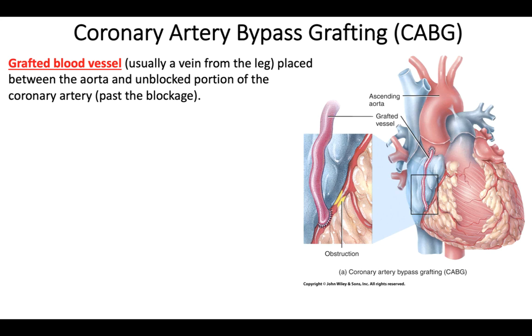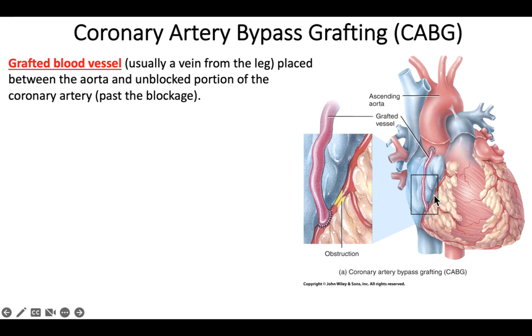These veins are all helping to bring blood back to the heart, but you can actually remove sections of these veins. So this would have been a vein taken from the leg, grafted onto the aorta, and then grafted on the other side of the plaque. Here they show the plaque, so blood would be flowing this way. And what this grafted blood vessel does is bypass that blockage.